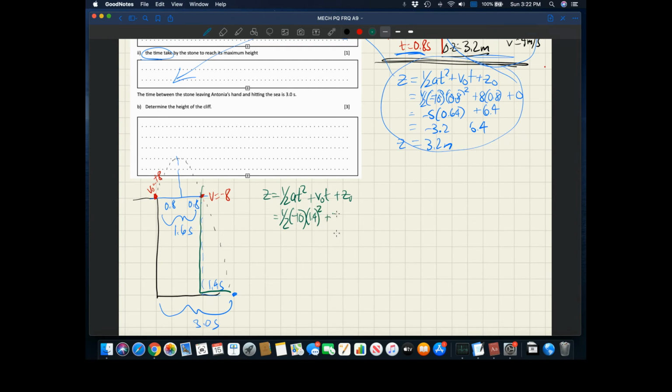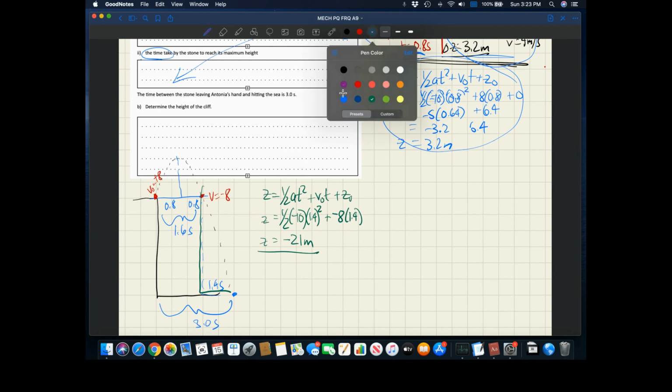And the initial velocity is minus 8 times 1.4 seconds. And when we do that all out on our calculator, we get minus 21 meters. So it checks against the table.